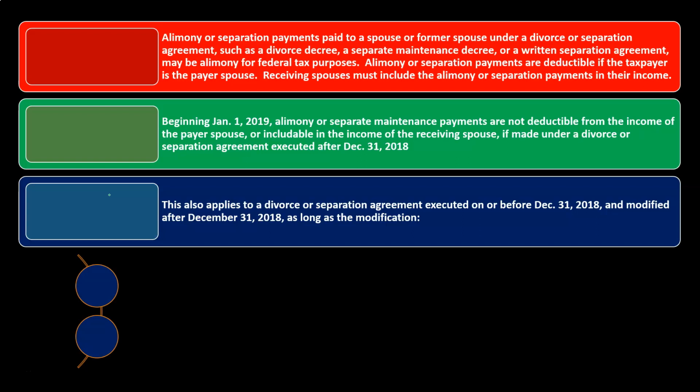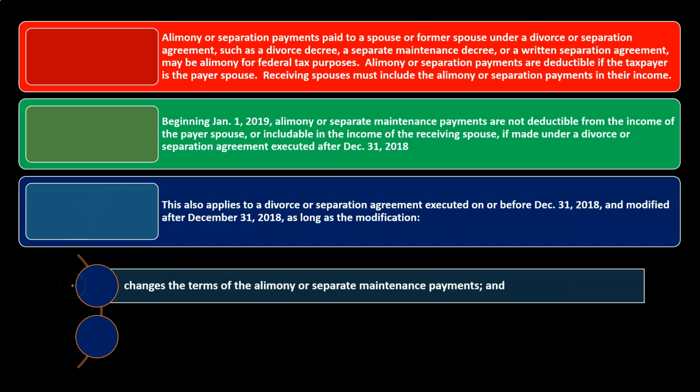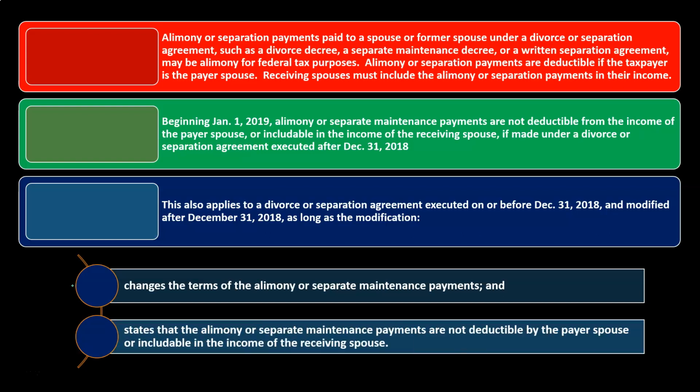So this also applies to divorce separation agreements executed on or before December 31st, 2018 and modified after December 31st, 2018, as long as the modification changes the terms of the alimony or separation maintenance payments and states that the alimony or separation maintenance payments are not deductible by the payer spouse or includable in the income of the receiving spouse.